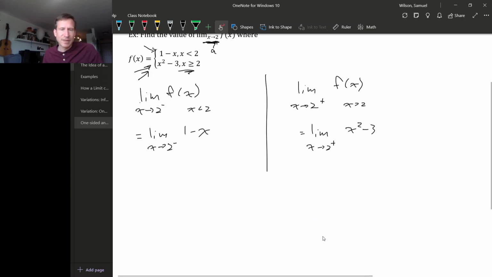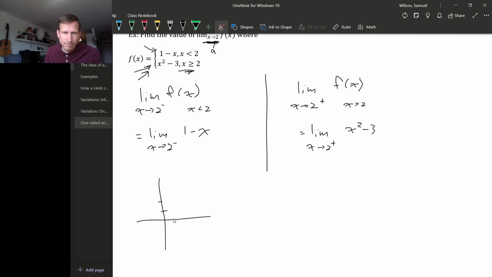Now for each of these individual cases, I guess really the only way we have of evaluating these limits is to look at the graphs. So 1 minus x is a line. Y-intercept is 1, slope is -1, like this. Sorry for the wiggly line.